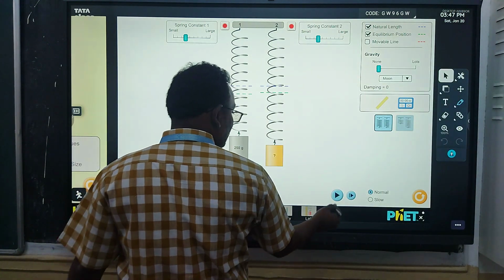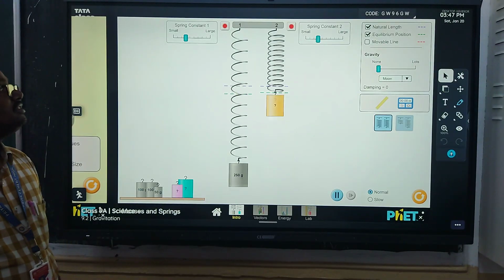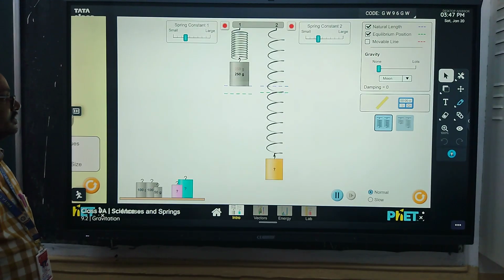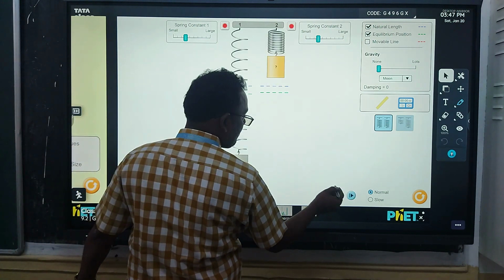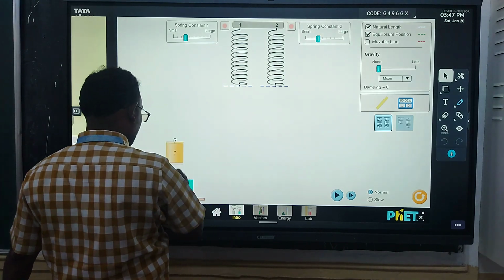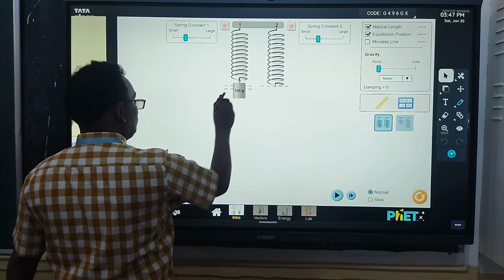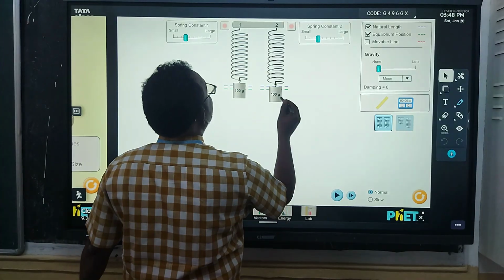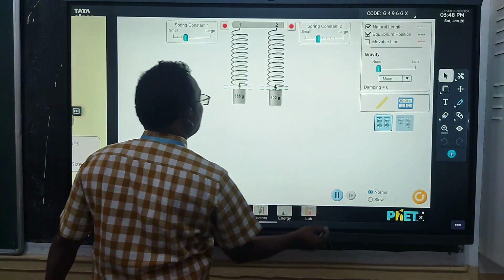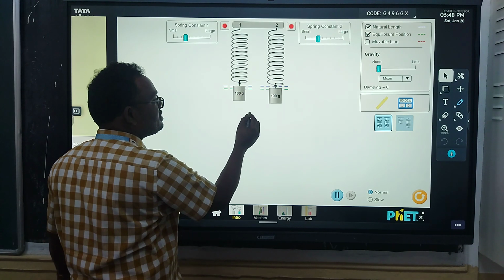If we go to the moon, what happens here? Same masses. Both springs have the same mass, so they will be the same.